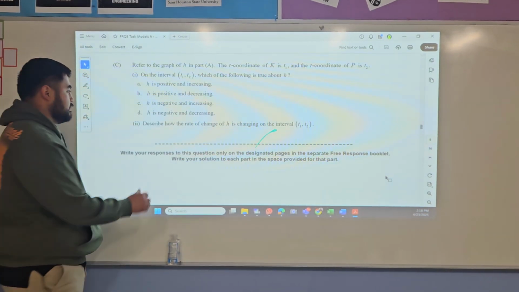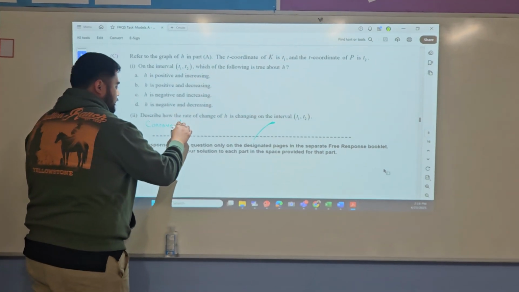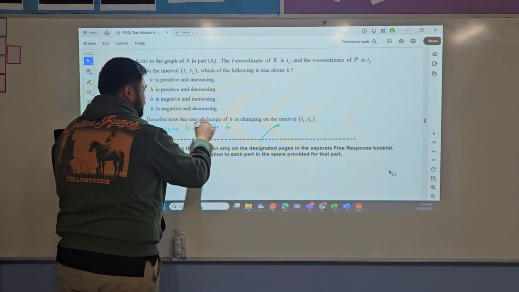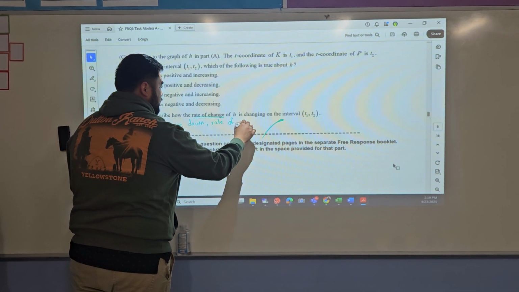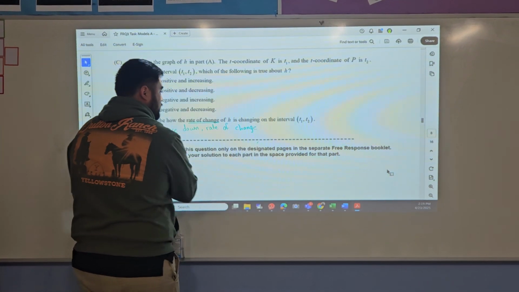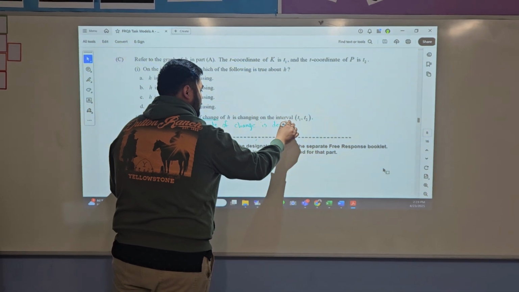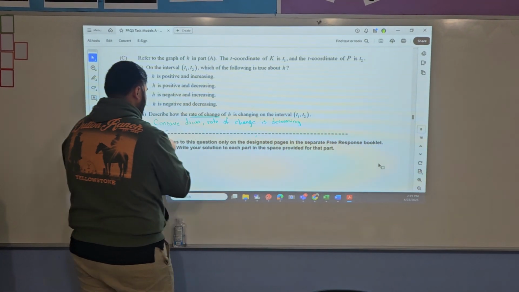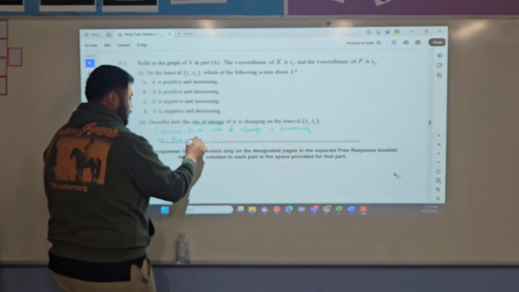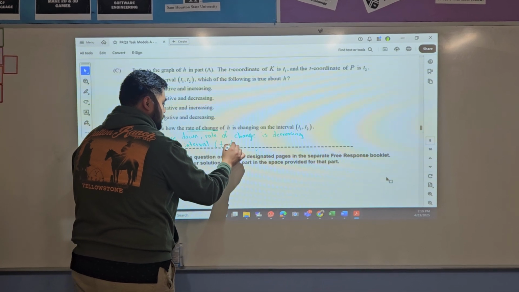So all you have to say is concave down, rate of change, remember, because that's what we're talking about, right? Rate of change is decreasing on the interval T1, comma, T2.